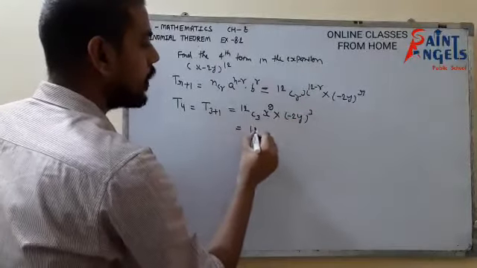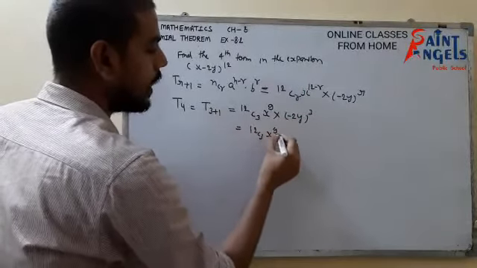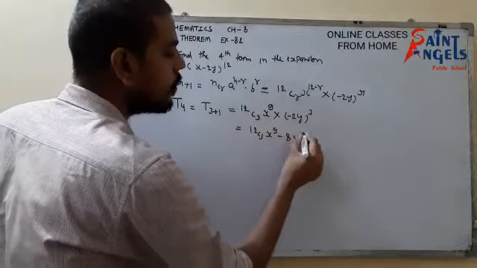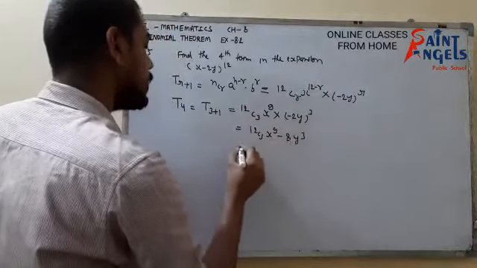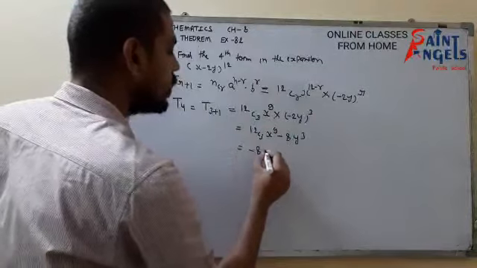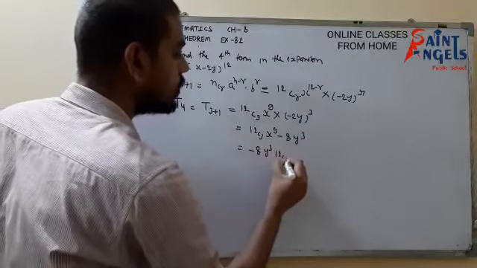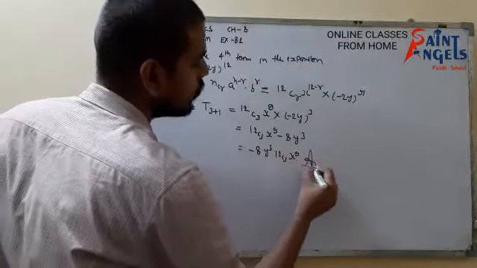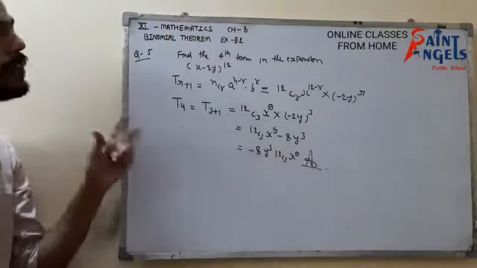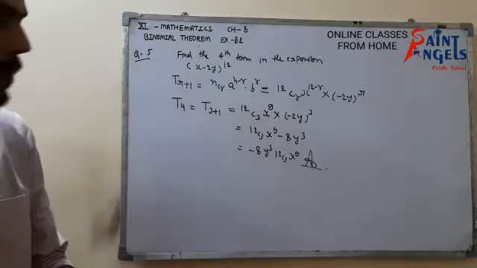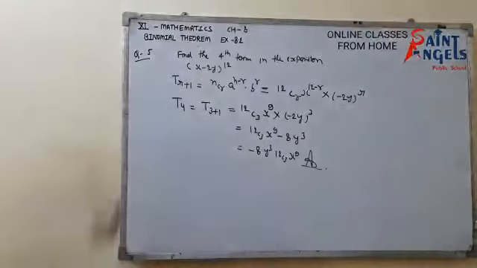So that would equal 12C3 x to the power 9 into minus 8y cube, or I could say minus 8y cube 12C3 x to the power 9. That is the fourth term of this expansion. We have to leave it in the general form only. I hope it's clear. So please pause the video and note it down.